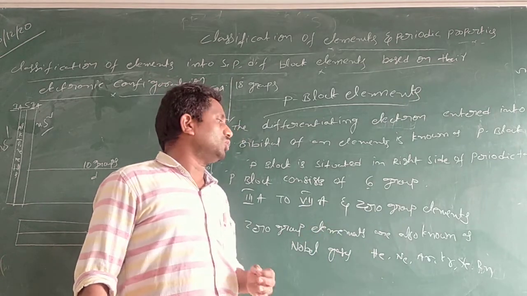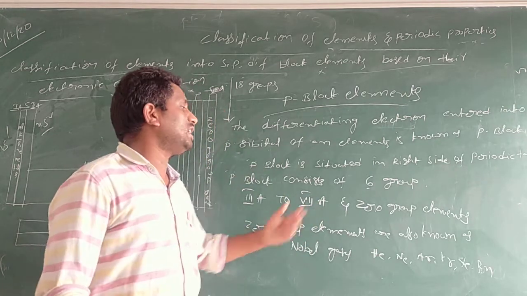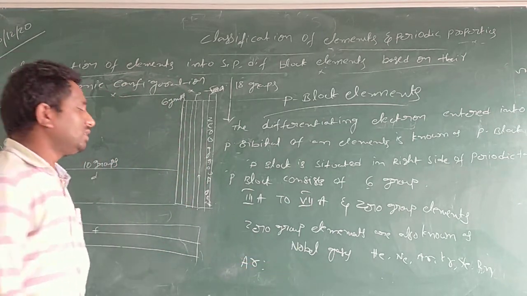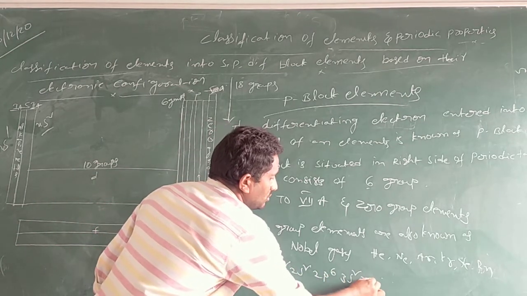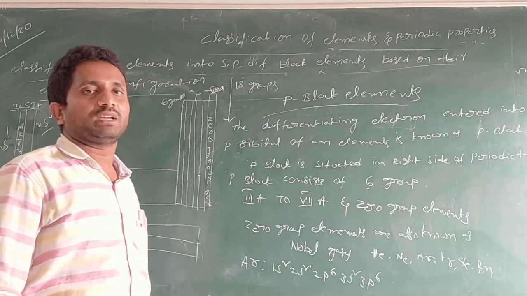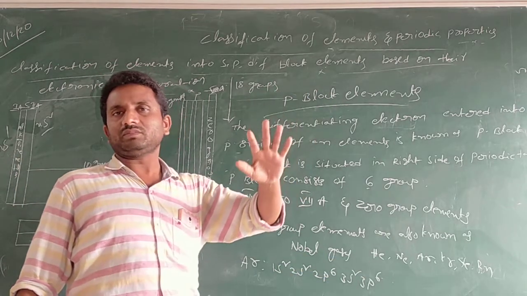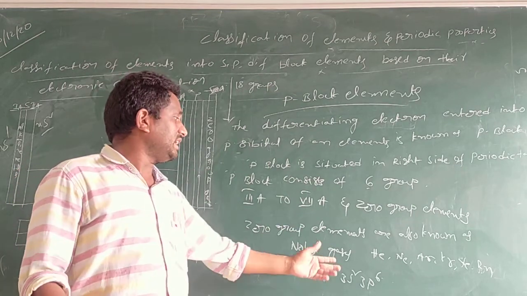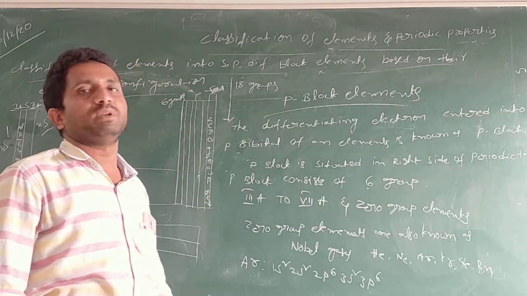Take argon: its electronic configuration is 1s2, 2s2, 2p6, 3s2, 3p6. The first, second, and third shells are all completely filled with electrons, so there is no facility to react with other elements in the case of noble gases.